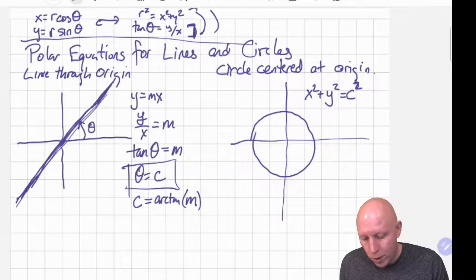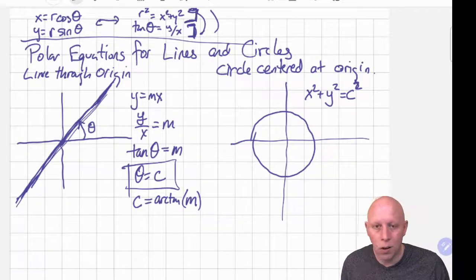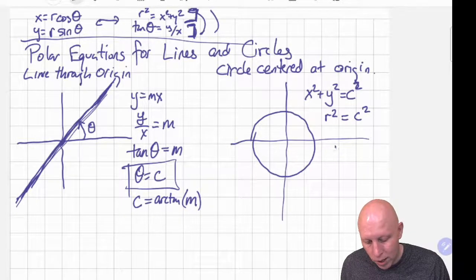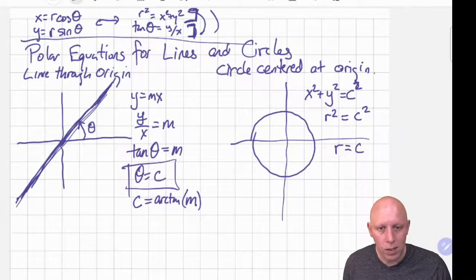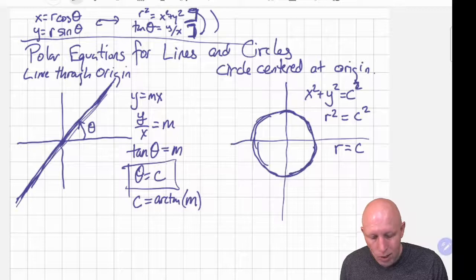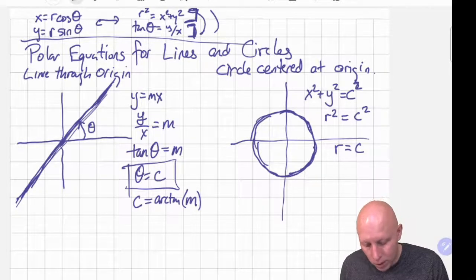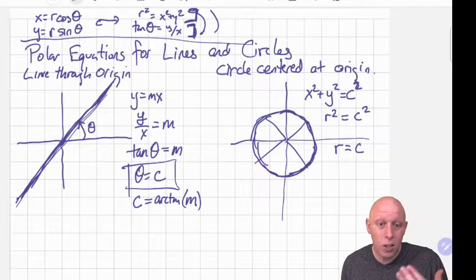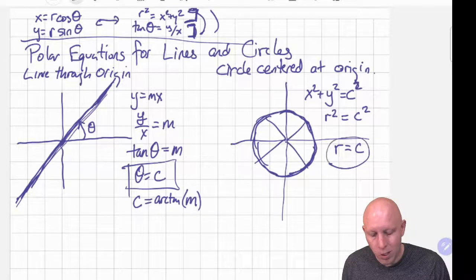And now we use our other equation for r squared is equal to x squared plus y squared. And what we're seeing here is that this is an equation where we just have r is equal to some constant. And that makes sense. Every point on this circle is the same distance from the origin. And so in polar coordinates, its r component would be the same each time. That would be equal to that constant.